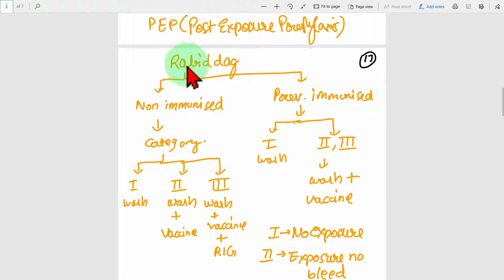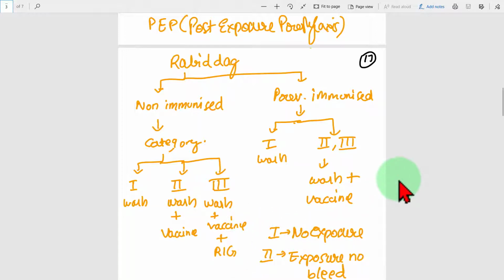Now looking at the post-exposure prophylaxis, there is the rabid dog. In case of a rabid dog, you have two columns. In case of non-immunized, there are different categories which are designated. In category 1, you just wash. In category 2, there's wash plus vaccine. In category 3, there's wash plus vaccine plus RIG.